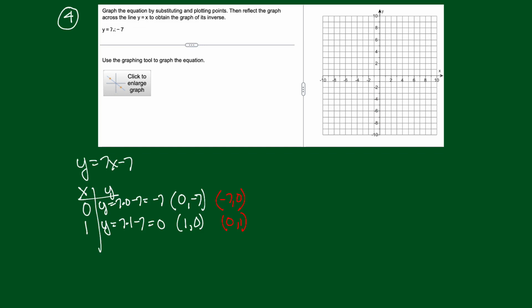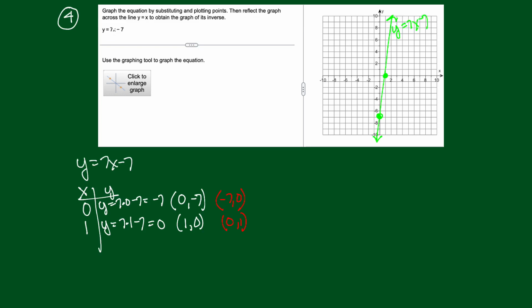And the next point is to the right one at 0. So to the right one at 0 puts me here. Now I'll do my best to pass a line through these points. So it looks like I can get that line right there. That looks pretty good. All right, that's the line itself. This is the line y equals 7x minus 7.